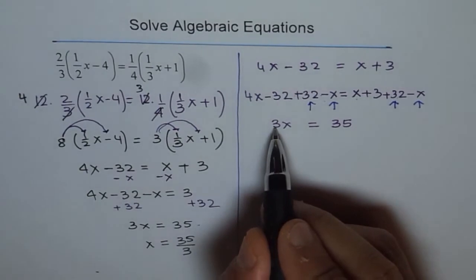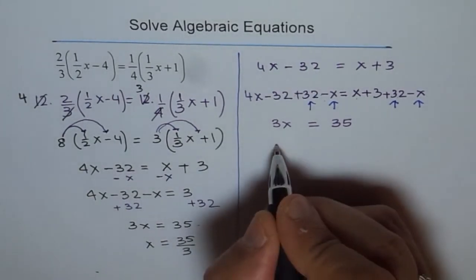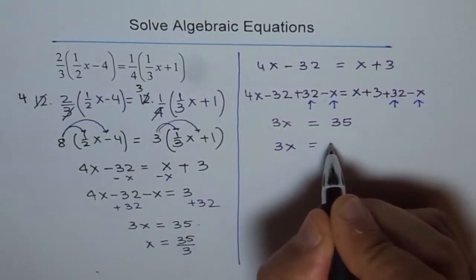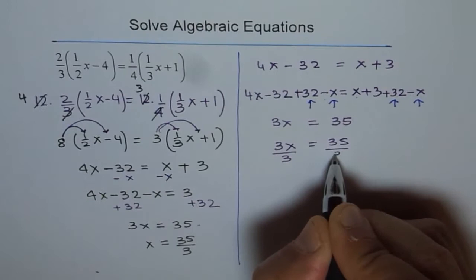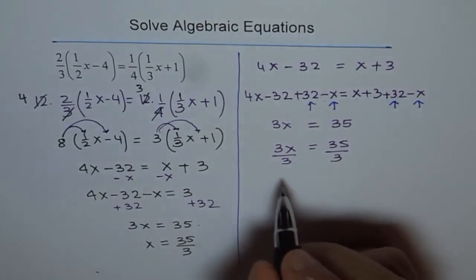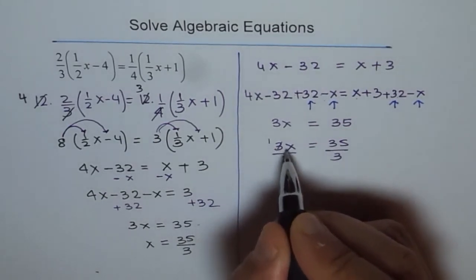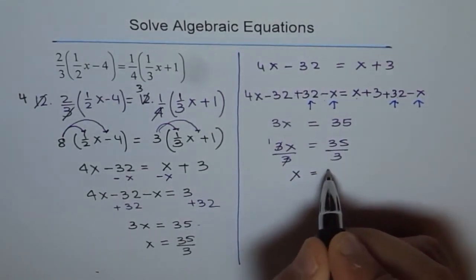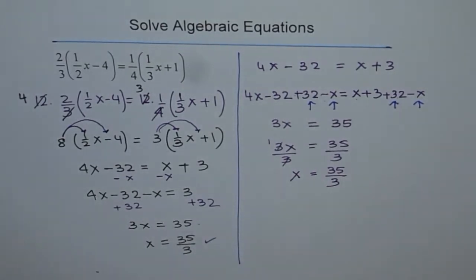Now, we have 3x, but what do we need? We need to solve for just x. So what we do? We do 3x equals to 35. We divide both sides by 3. Correct? When we divide both sides by 3, 3 divided by 3 is 1. So we are left with x here equals to 35 divided by 3. And that is how we get this answer.